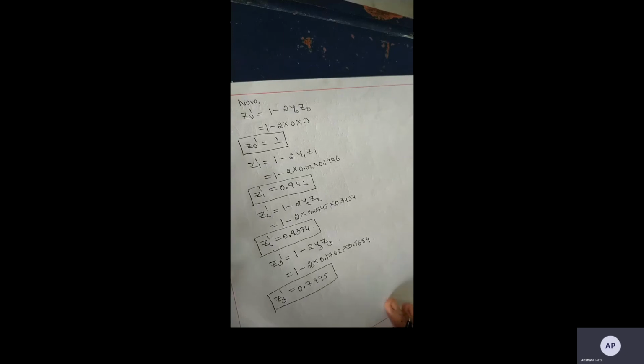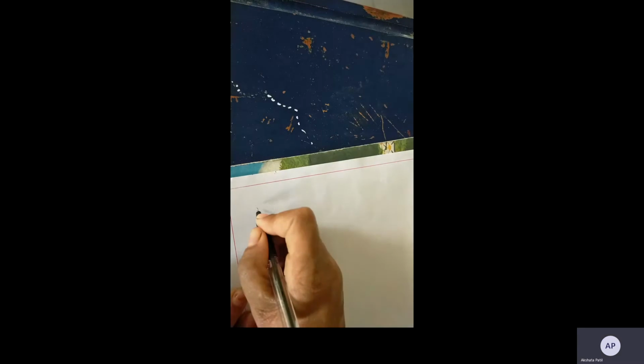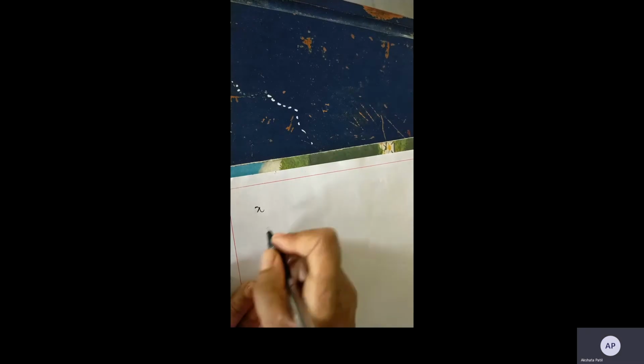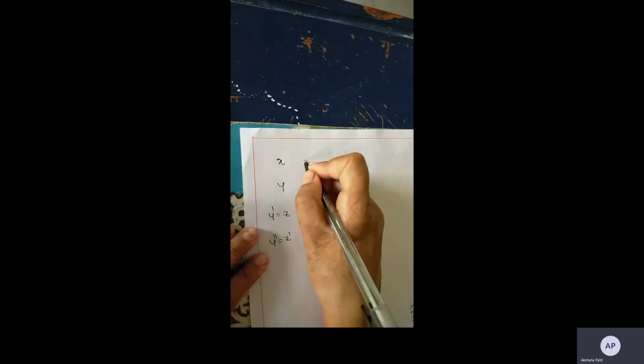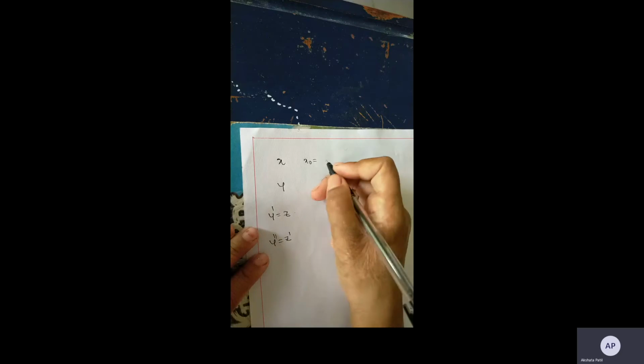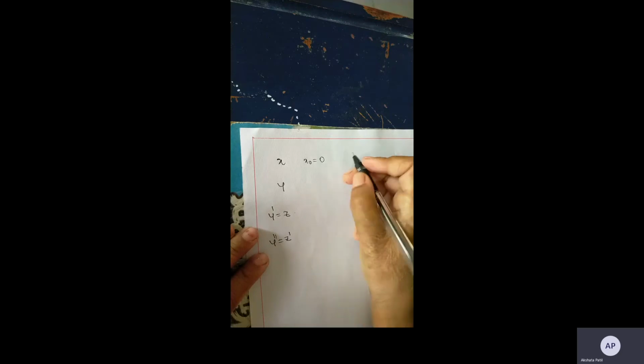So here we will prepare the table. The columns are the x values, y dash that is nothing but z, and y double dash that is equals to z dash. Here x0 value they have given in the question is 0, and x1 is 0.2, x2 is 0.4, x3 is 0.6.